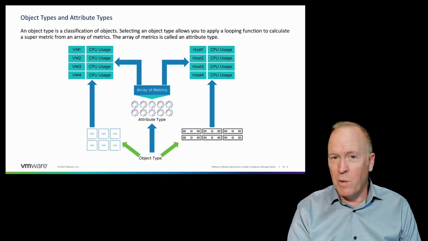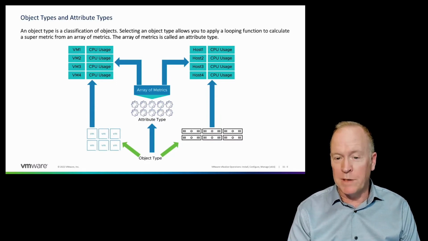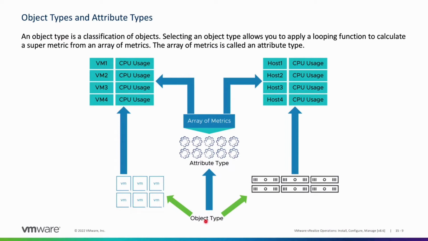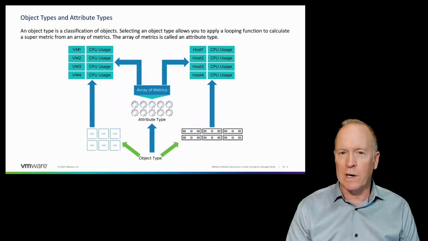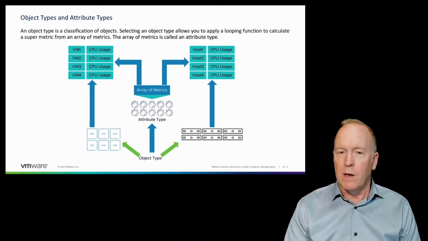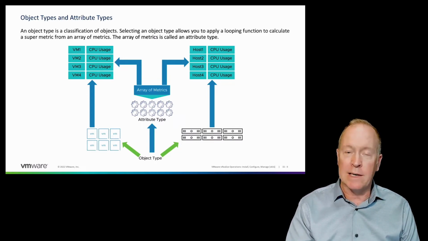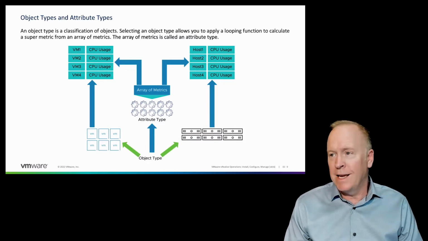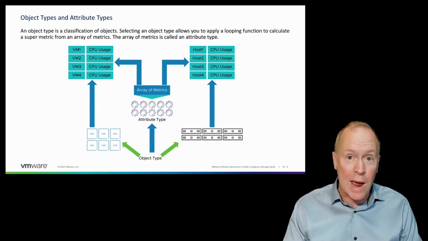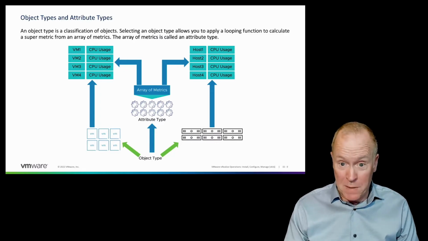A few slides ago, we pointed out that when you're working with a multitude of objects, we refer to that as an object type. Again, virtual machines is an object type. Host systems is an object type. Clusters is an object type. And additionally, when you're working with an object type, the data that we work with in that case is known as an attribute type. What an attribute type is, in effect, is a collection or an array of performance metrics.